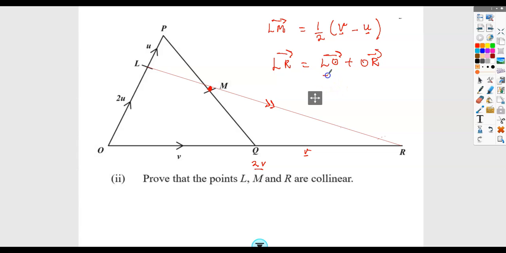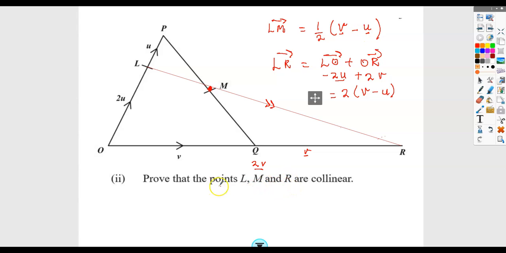LO is going to be minus 2U plus 2V, and we can express that as 2 into V minus U. So you can see that they have the same ratio.